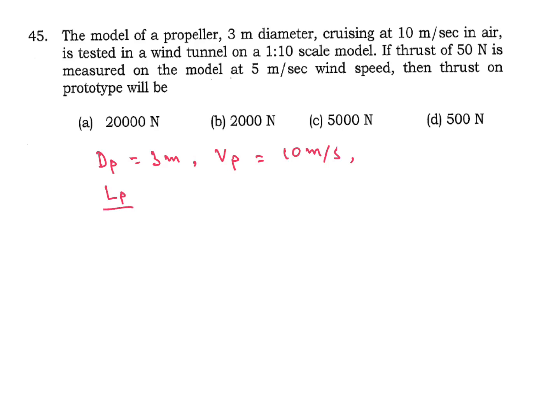LP by LM, length of prototype to length of model, it's 10. If thrust of 50 Newton is measured on the model, so thrust force Fm, force on that model 50 Newton, then velocity of model also given 5 meter per second. Thrust on prototype, we have to calculate Fp.